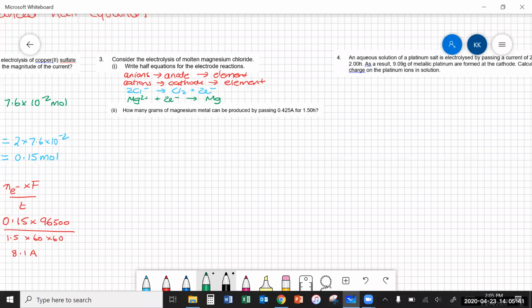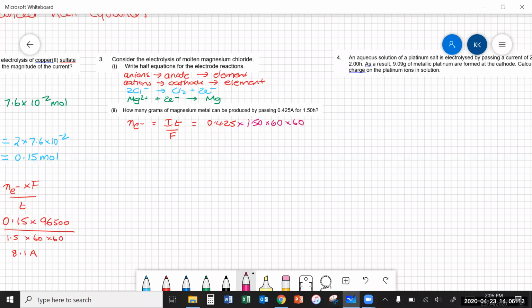Okay, so you've looked at the electrical data, and our electrical data equation is moles of electrons is equal to IT on F. Your current is 0.425 amps, and your time is 1.50 hours.